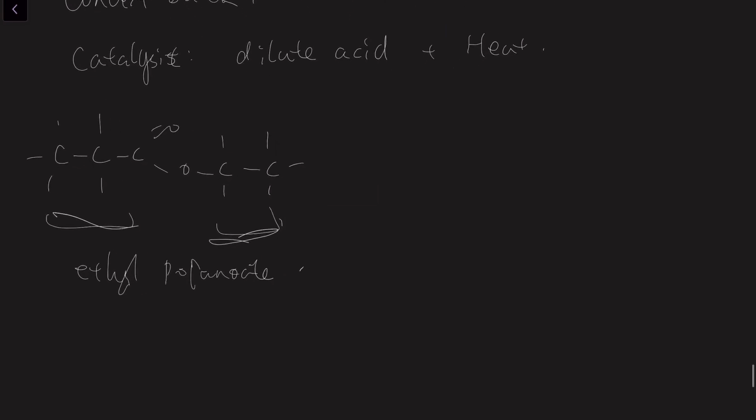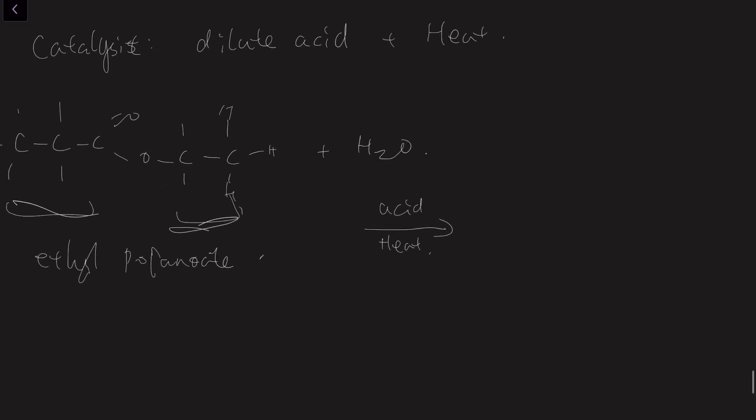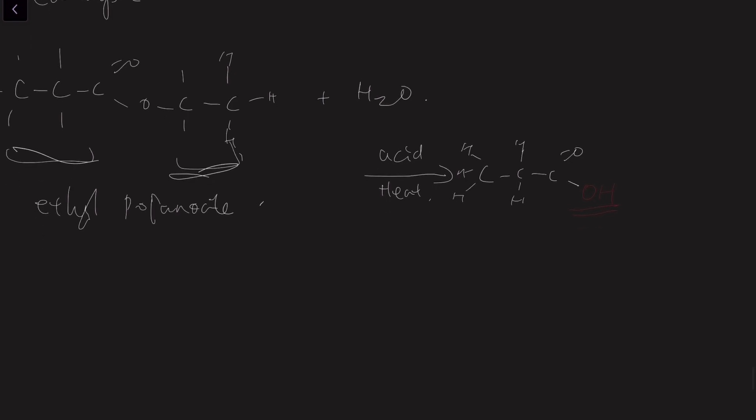And in this reaction, we want to add H2O. And under the condition of acid and heat, we are going to reform the acid by taking the OH from the water.